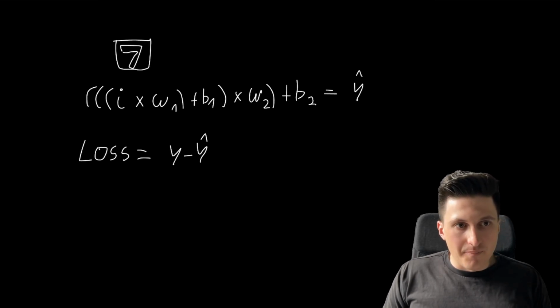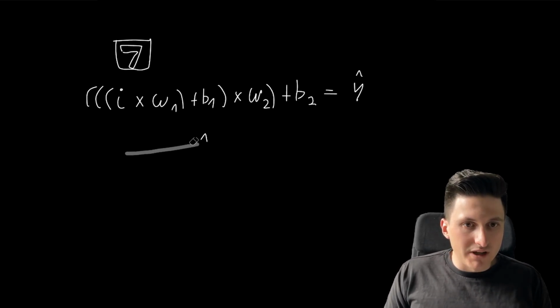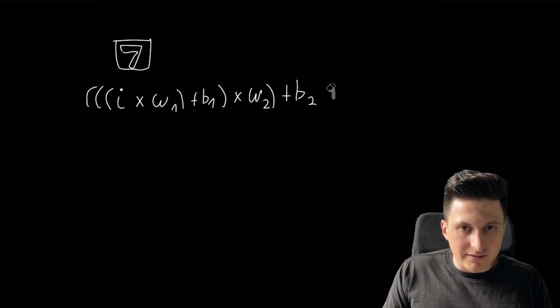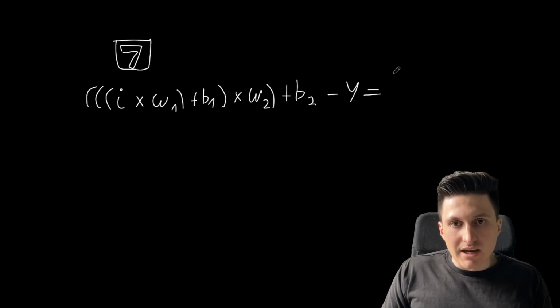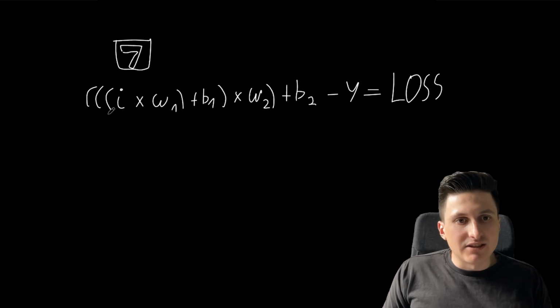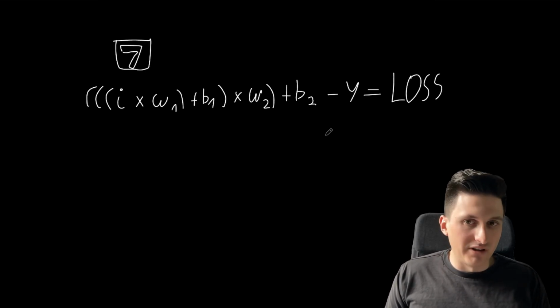And you can basically consider this once again as an additional operation in an entire operation chain. So we can write it like this. At the end we also have to check how close the output is to our real output, and then consider this entire chain as all the operations that happen in a forward pass of our neural network.